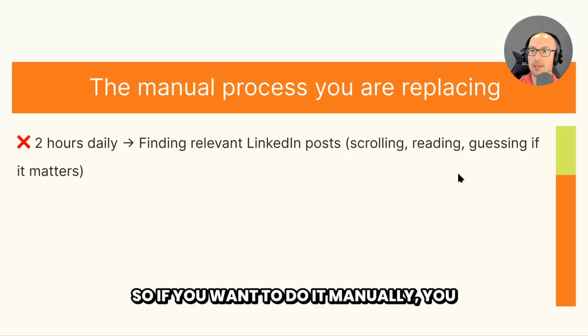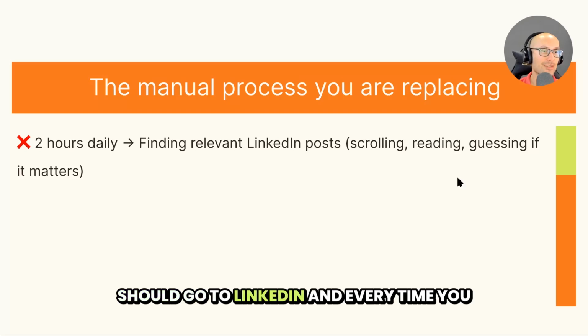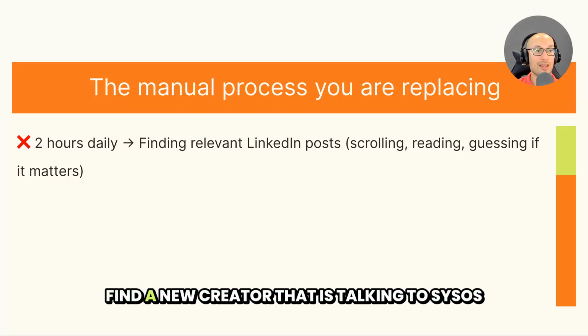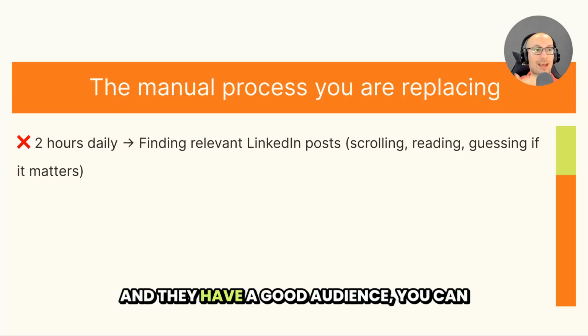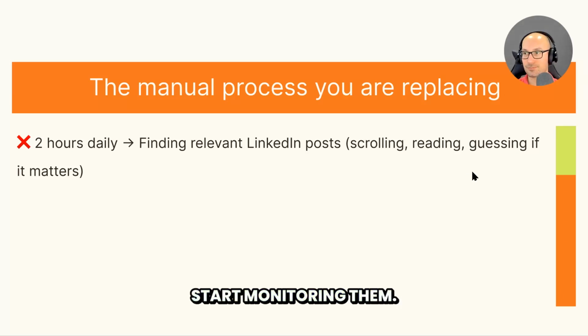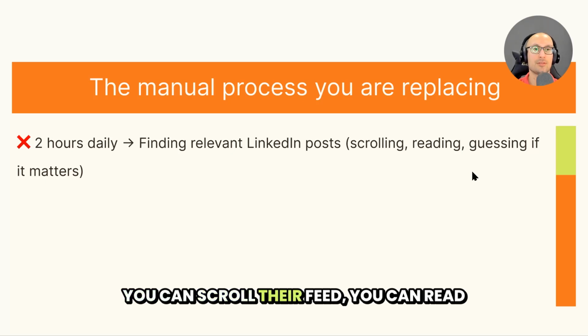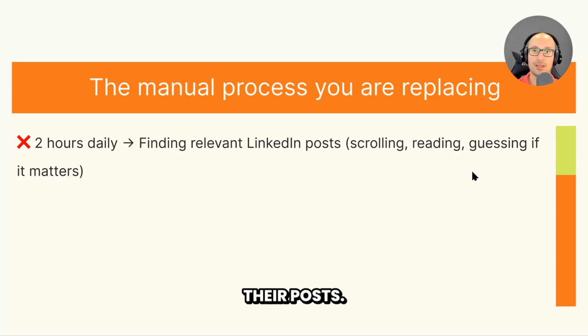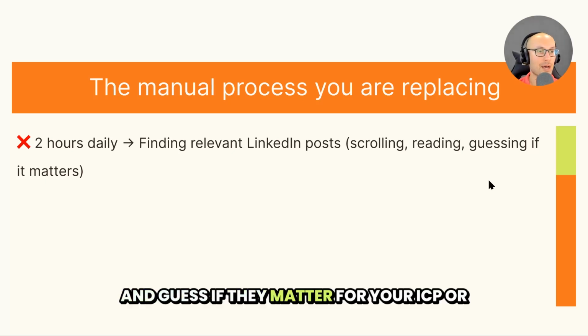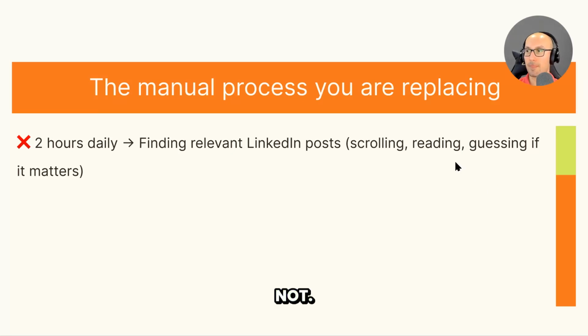So if you want to do it manually, you should go to LinkedIn, and every time you find a new creator that is talking to CISOs and has a good audience, you can start monitoring them. You can scroll their feed, you can read their posts, and guess if they matter for your ICP or not.